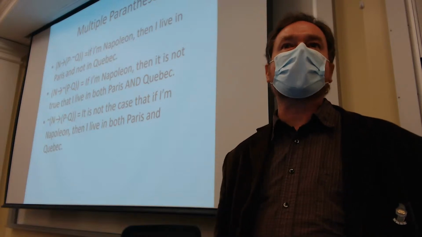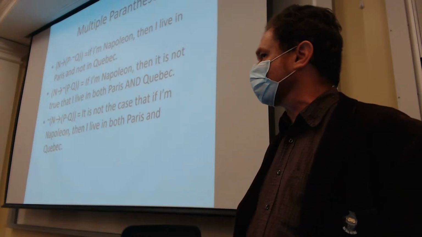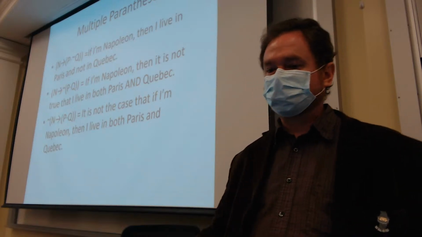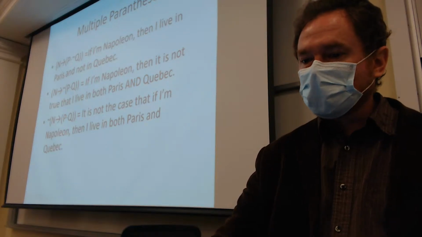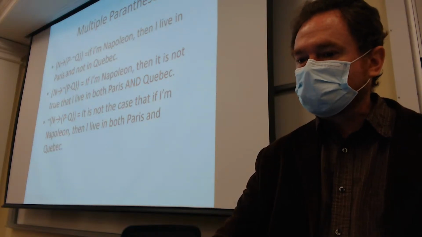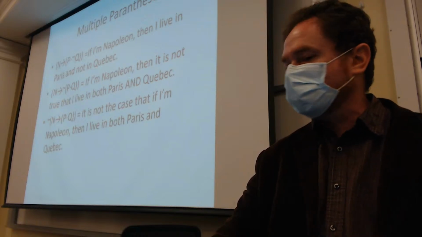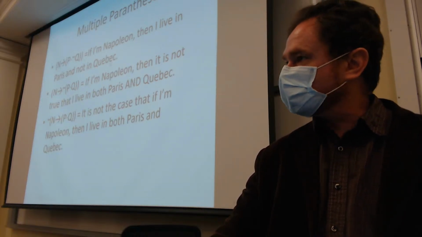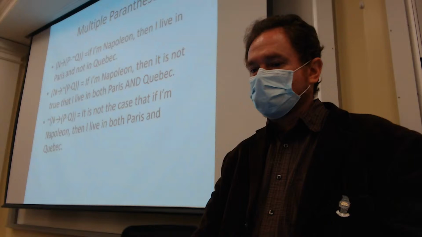So here are three statements that look almost exactly the same, except we've moved the scope of the negation for each one. The first one claims, if I'm Napoleon, then I live in Paris and not in Quebec. And the not is on the Q. So the not gets translated specifically on the claim, I live in Quebec.